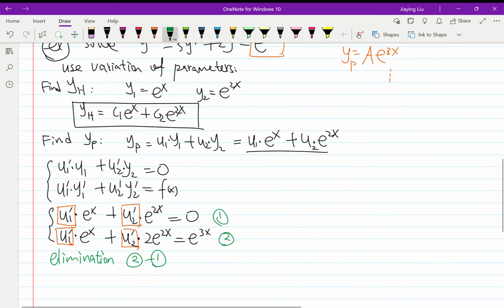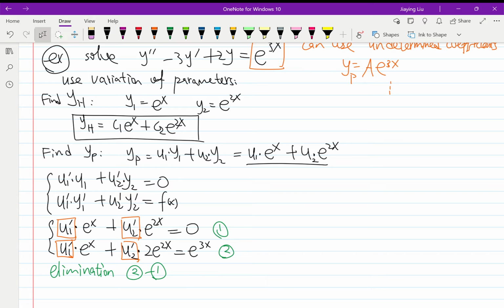So like I said earlier, when I subtract, the first terms in both equations are identical, so when I subtract, I get a 0. The second terms in both equations, your first equation gives me 1 times u2 prime e to the 2x, but then the next equation gives me 2 times u2 prime e to the 2x.